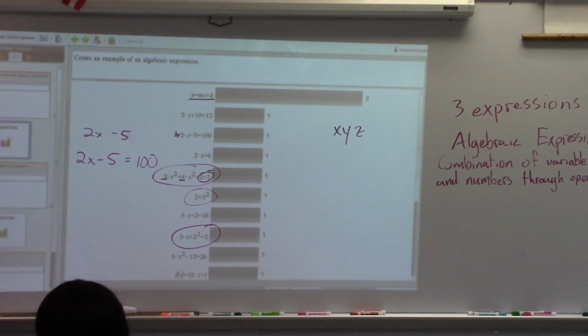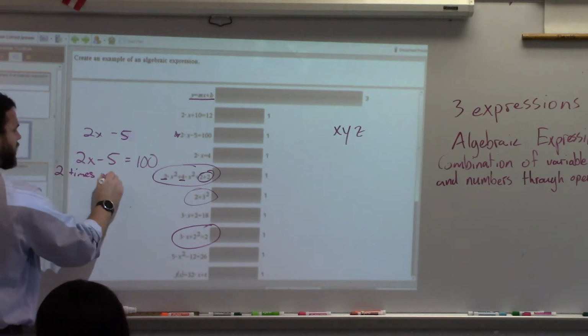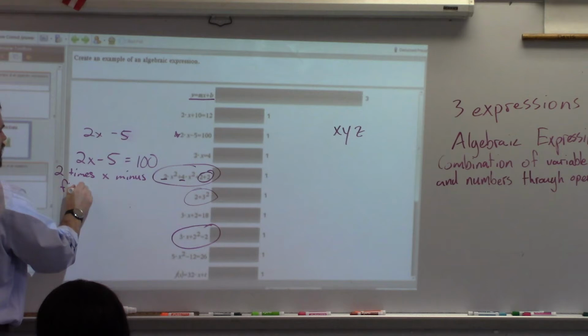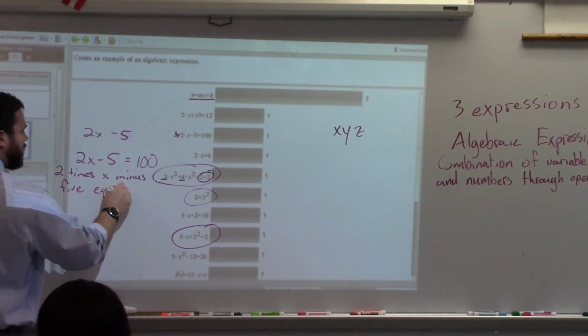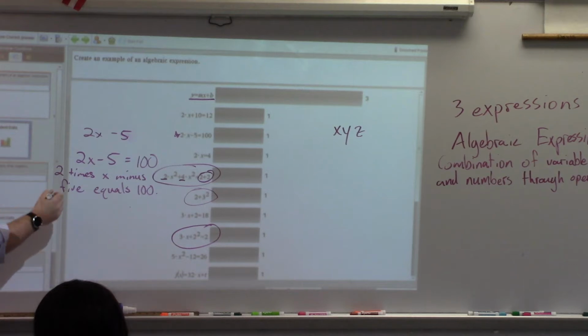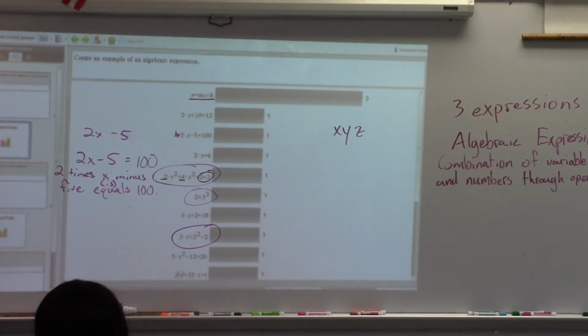That is an algebraic representation. But I can use words, and in fact, when I read it out loud, I use words, right? So 2 times x minus 5 equals 100. Another way you could say equals right here is, 2 times x minus 5 is 100.